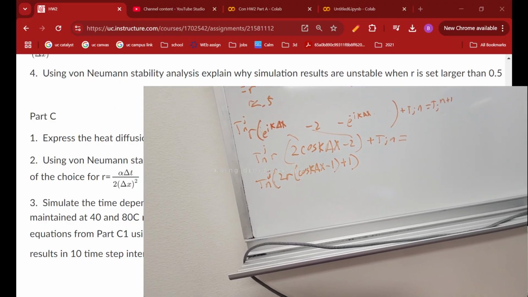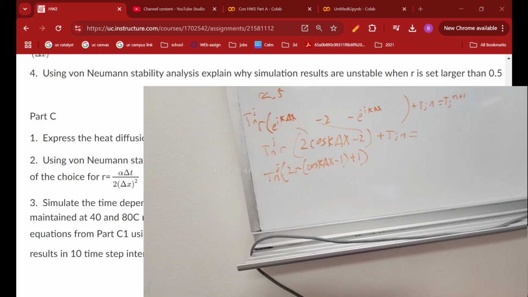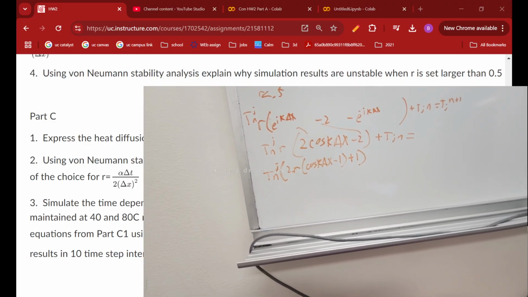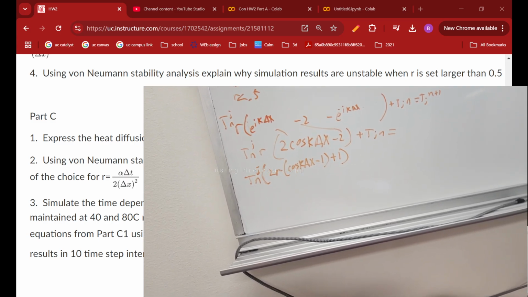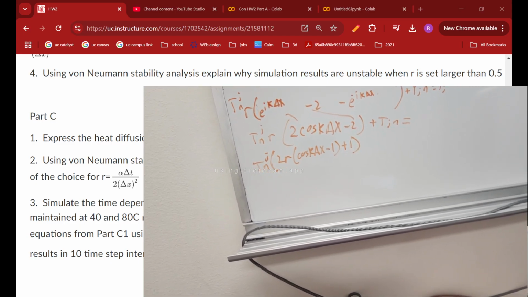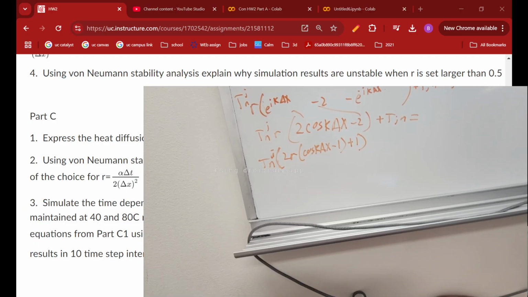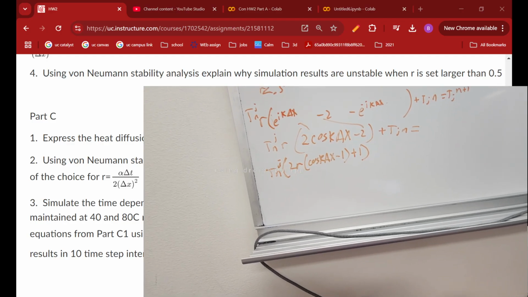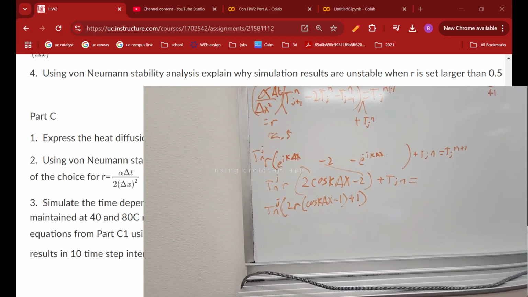So you'd have t j n plus 1 equals t j n times 1 plus 2r cosine k delta x minus 1.